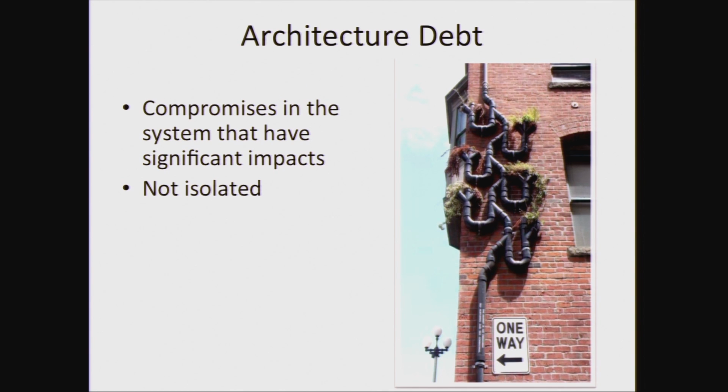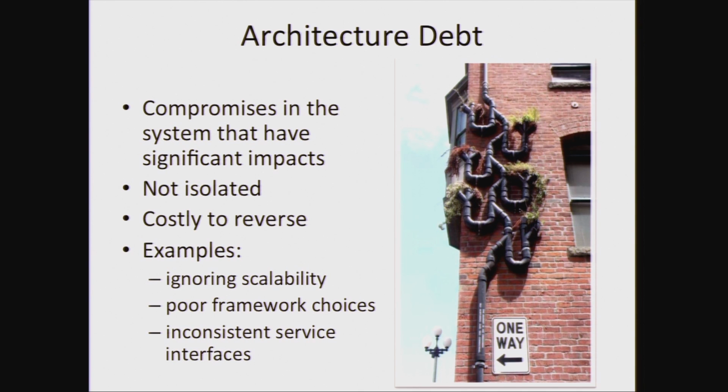Typically things that involve architectural debt are not isolated either. It's like, oh, this is how we're doing services. We're going to orchestrate all our services. Well, are you really? And ignoring scalability, choosing and using frameworks poorly. I come from a lot of the Java world where that's all too easy to do. And once we learn that framework, we're going to keep using it.